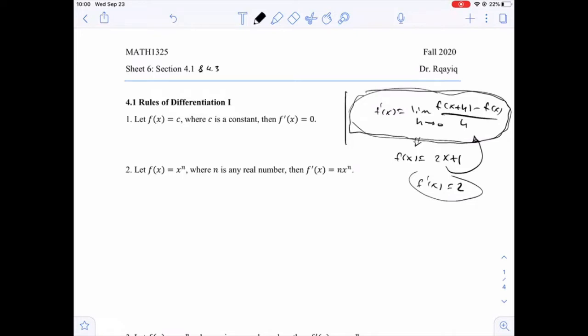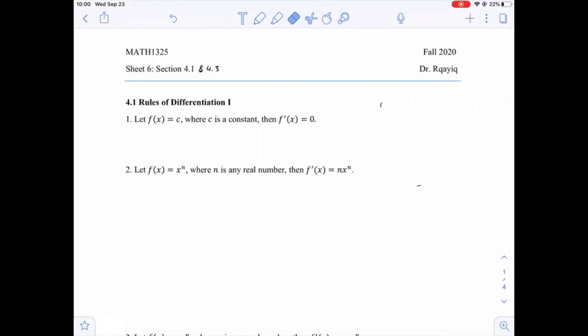Using that definition, we can derive some rules of differentiation, so that instead of referring to the definition every time we want to find the derivative of a given function, we can apply these rules and find the derivative easily, without the need for many computations in most cases. So in this section we'll learn some of those rules.